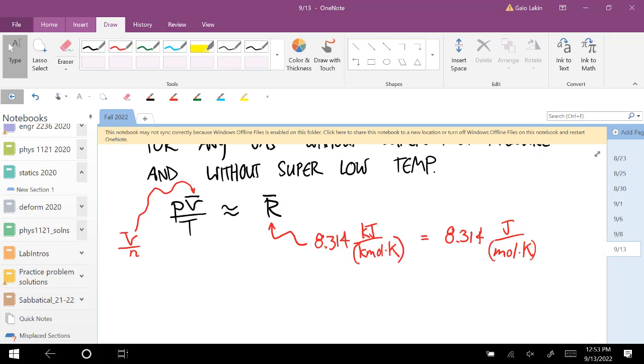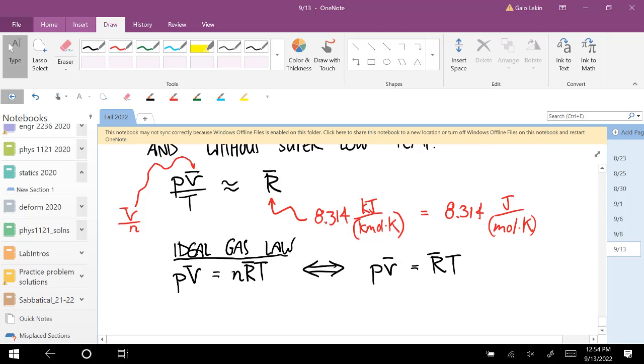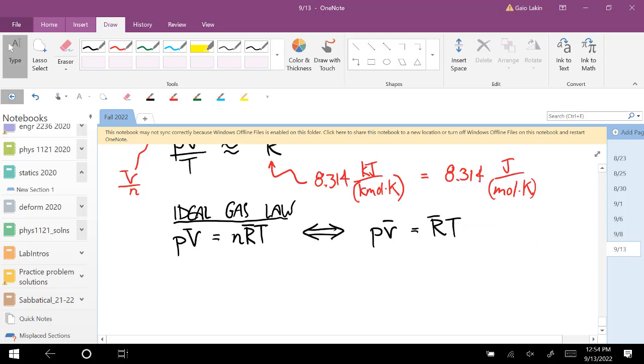And so this is just a rewriting of the ideal gas law, which says P times volume is equal to N times R bar times T. Or equivalently, P times the molar specific volume is equal to R bar times T. That's not the form that we're going to use.